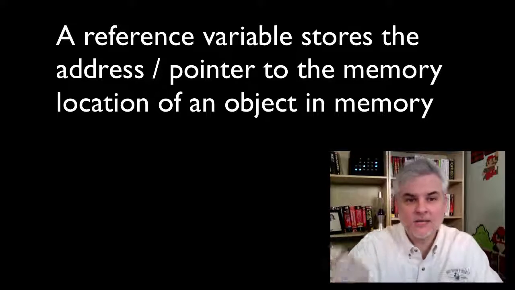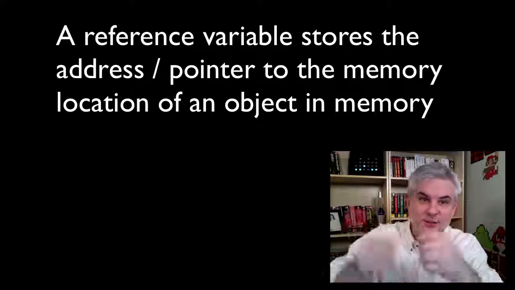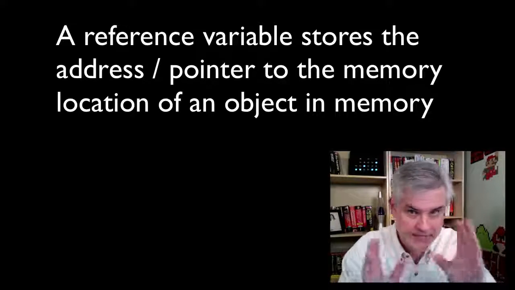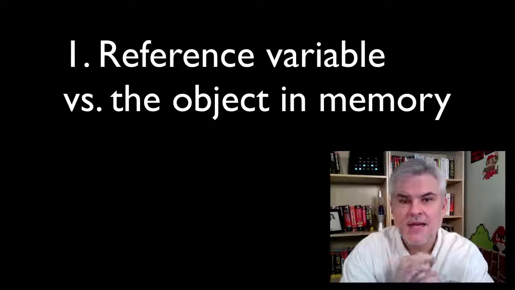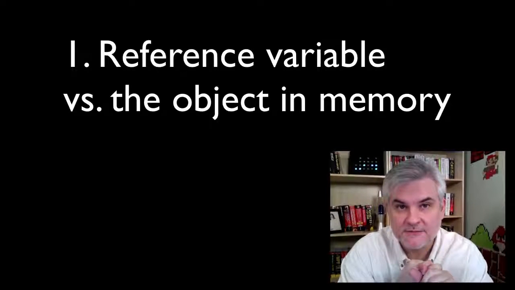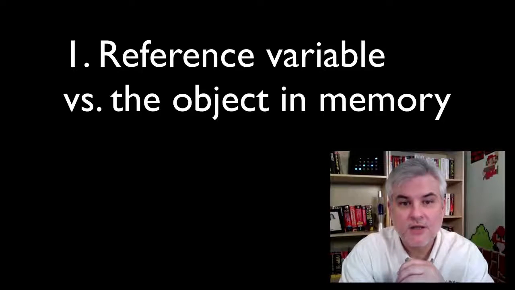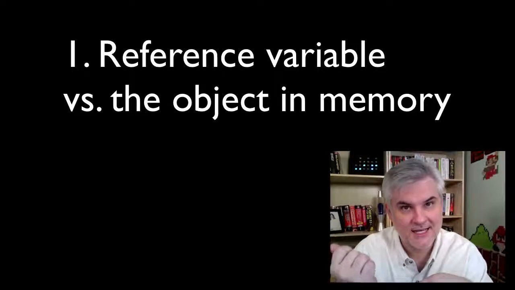So as long as I'm holding the myKite reference variable, I can get back to the kite object in memory and work with it. All right, so key takeaways so far. There's a difference between the variable that holds a reference to the object in memory and the object in memory itself. Okay, those are the two main differences. So in our case, there's a difference between the string that I use to hold onto the kite and the kite itself.